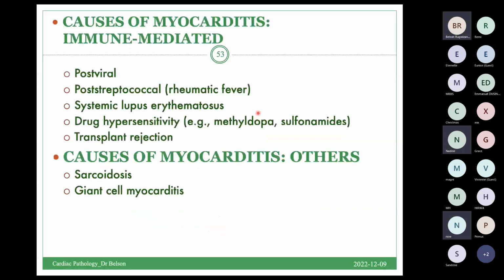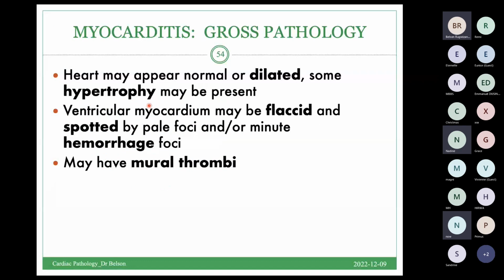So for myocarditis, inflammation of the myocardium, they are immune mediated. It's a virus. Akaba post-streptococcal, navugagaho nuko kidafata valves gusa, ishobora no gufata myocardium, and so on. So other causes are sarcoidosis, giant cell myocarditis, and so on.